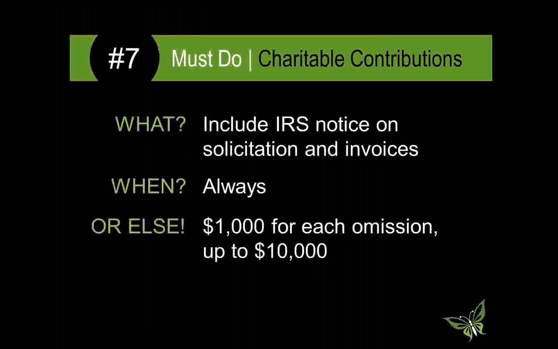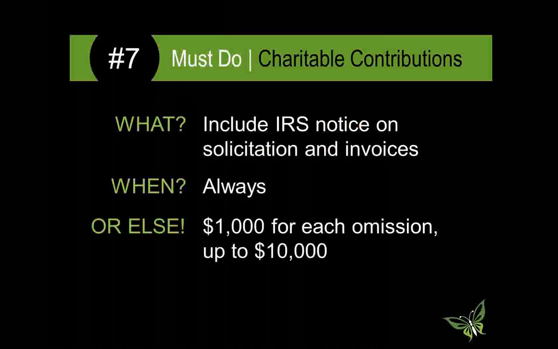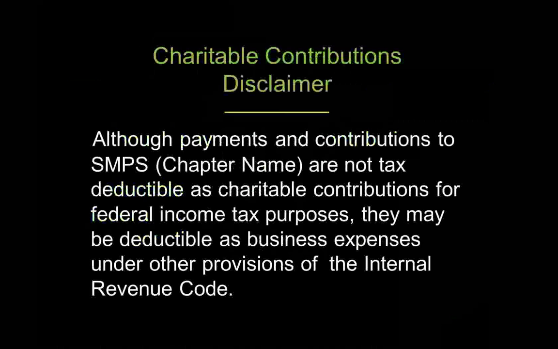So what this means is that you need to include the following text, which I'm going to show you right here, on any statements, invoices, or letters that are soliciting financial support and contributions.